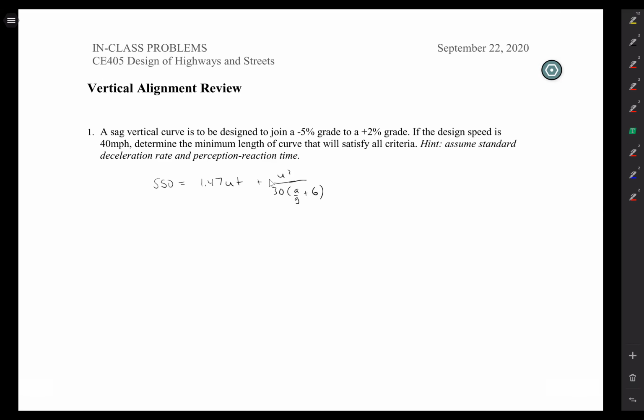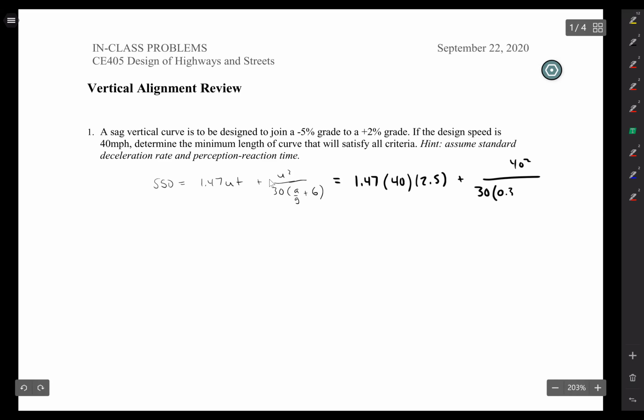So we've got 1.47. We said design speed is 40 miles an hour. Perception reaction time, 2.5 seconds. And to that, we'll add 40 squared over 30, 0.348 for A over G, right?